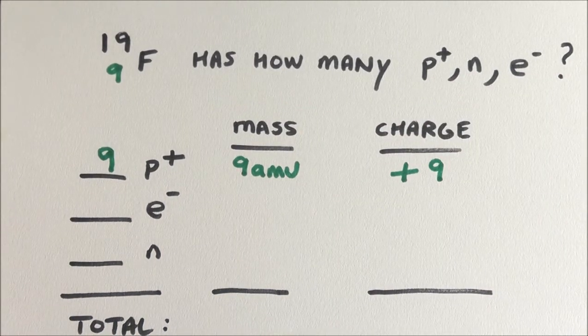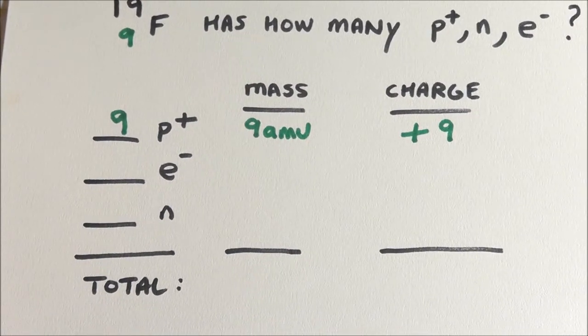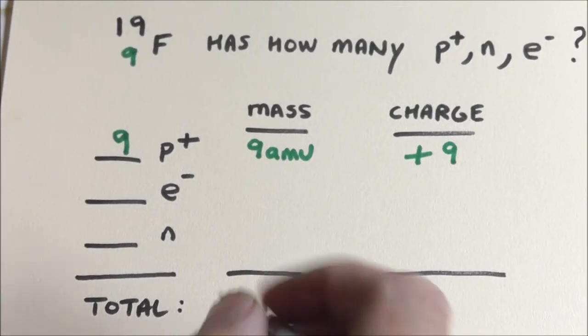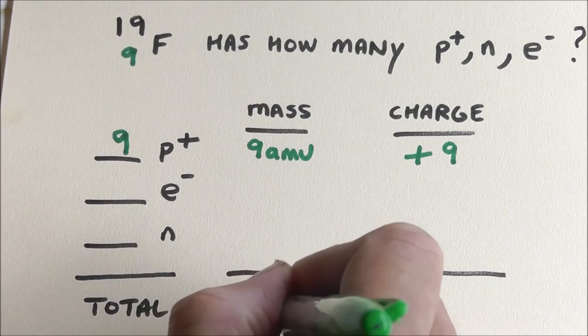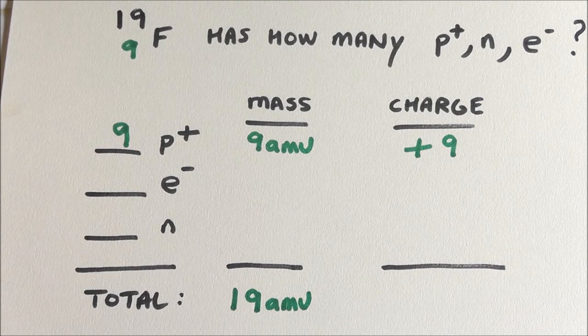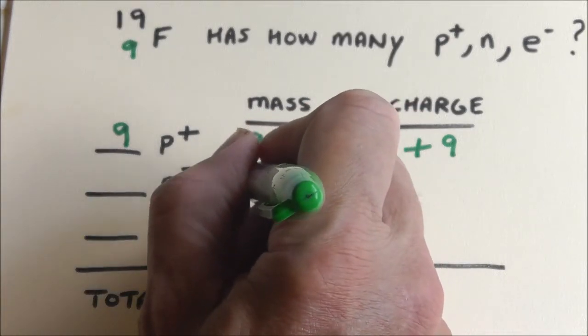Now, you see where I wrote total down there? That's where I'm going to help solve this puzzle. Because the mass number is 19, I know that the total mass is going to be 19 AMUs. And so, I can fill in the piece of the puzzle here. I don't care how many electrons I got.